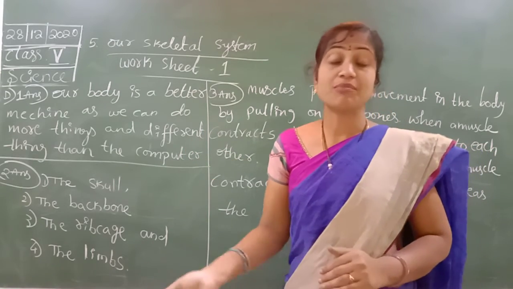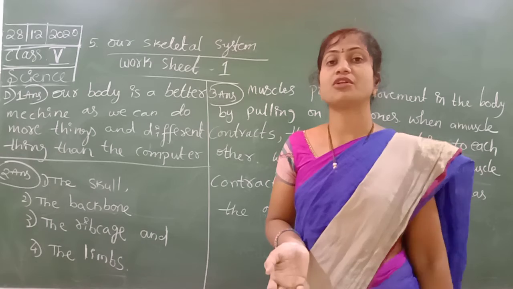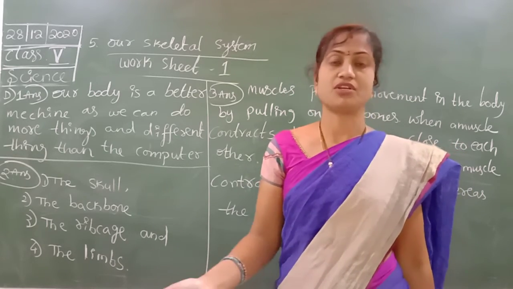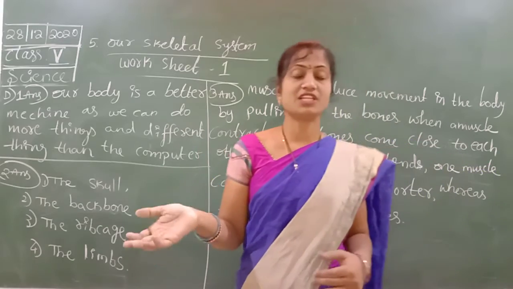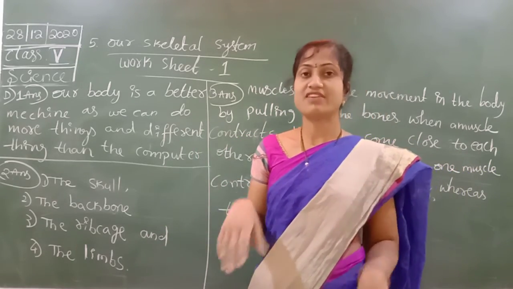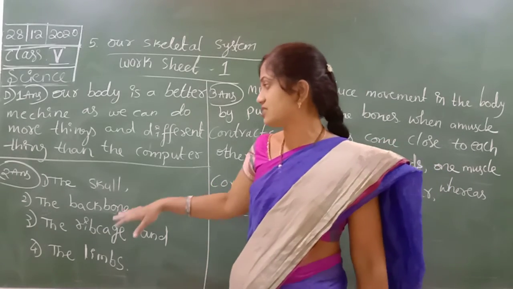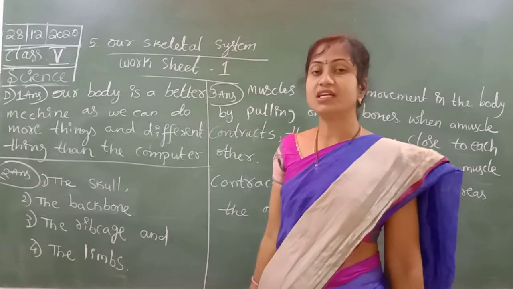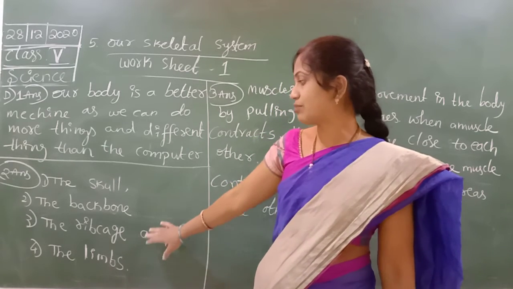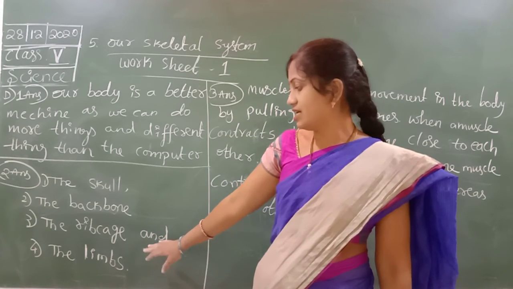But in the computer also we are only operating the computer. So we are doing more things and different things by ourselves also. Okay, next, what are the four important parts in our skeletal system? The skull, the backbone, the rib cage and the limbs.